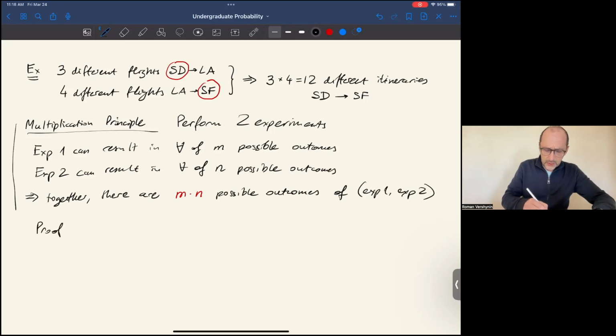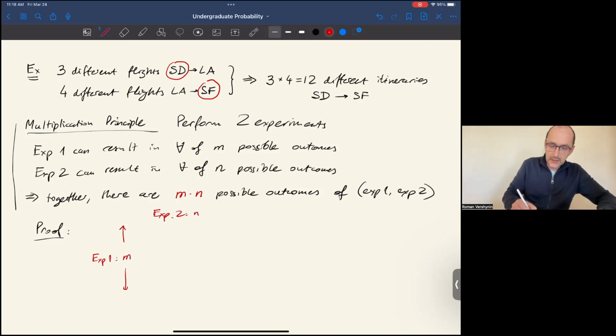To see why we multiply, maybe a visual aid would be nice. If we look at experiment 1 like this, it has m possible outcomes, and we put this in the table. Experiment 2 has n possible outcomes.